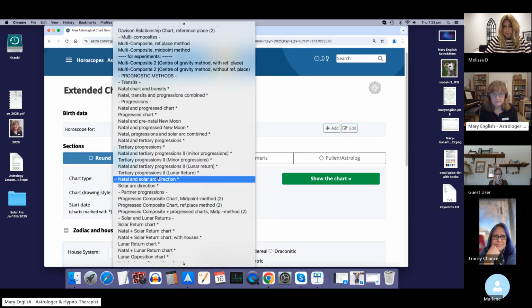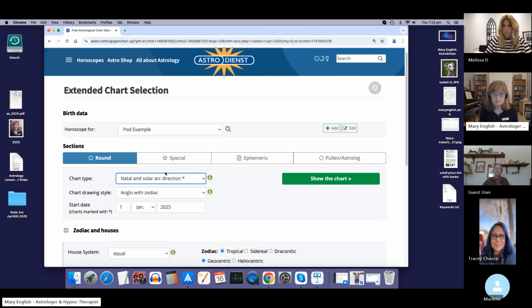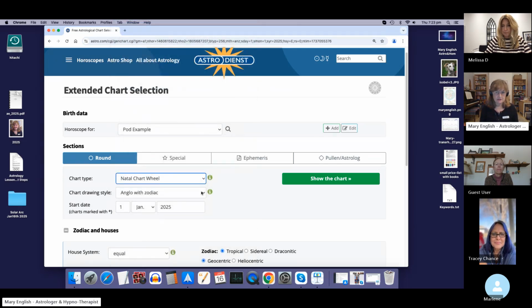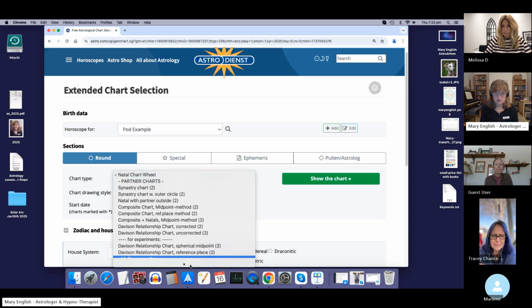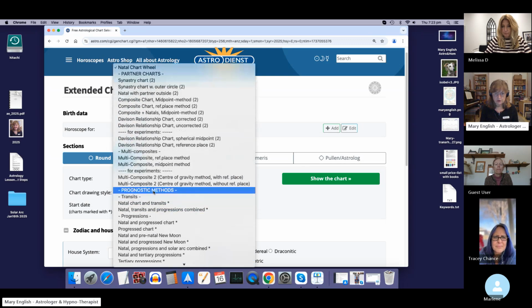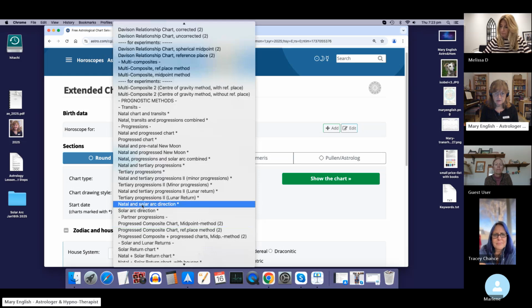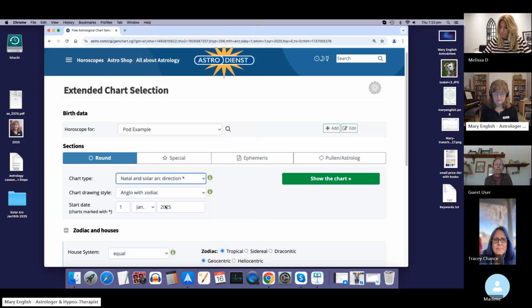So what you need to do in this box here, you've got the name of the person, chart type. Normally it says natal chart wheel. That's how it looks when you land on the site. If you click in this box here and scroll all the way down, it goes prognostic methods, keep scrolling, and you want natal and solar arc direction.